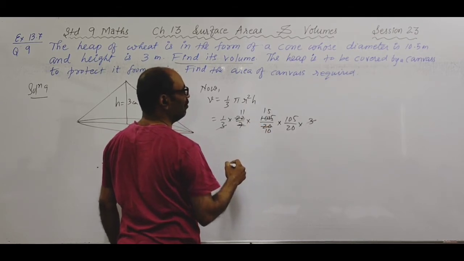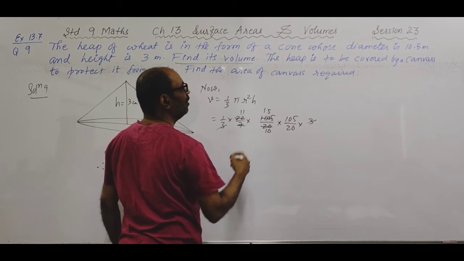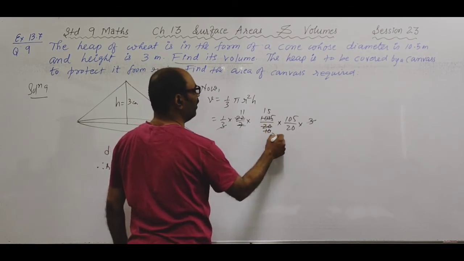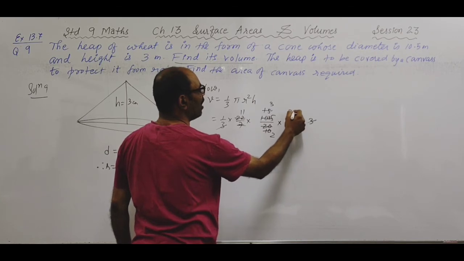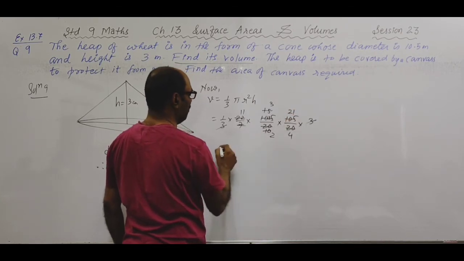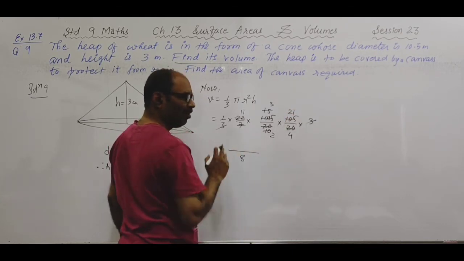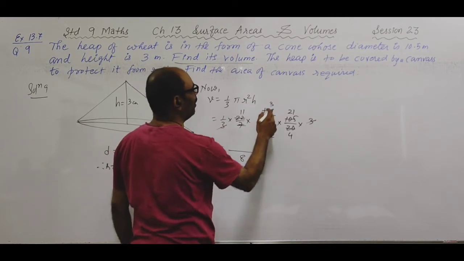2 11s are 22, 10s are... नहीं कैंसिल होगा ना अभी, है ना? चलिए फिर कैंसिल कर ही देते. 5 2s are 10, 5 3s are... 5 4s are 20, 5 2s are 10, 5 1s are 5. So now divide by 8 बचा रहेगा. Okay, 8 से तो हम आराम से डिवाइड कर लेंगे.